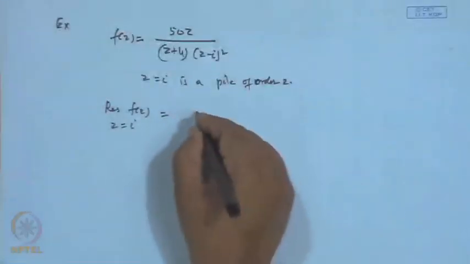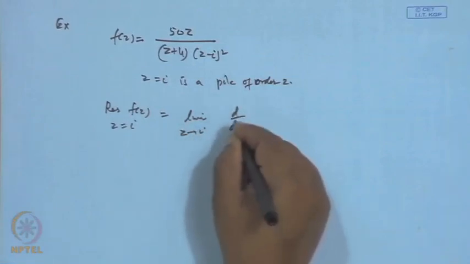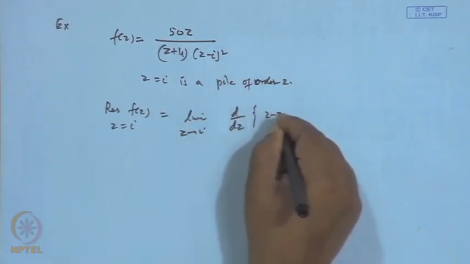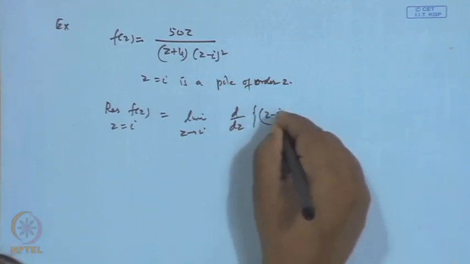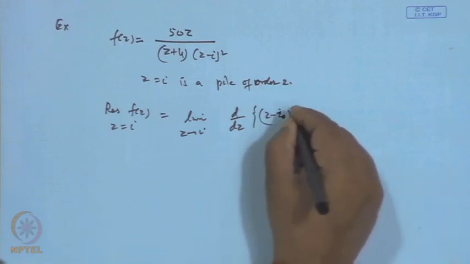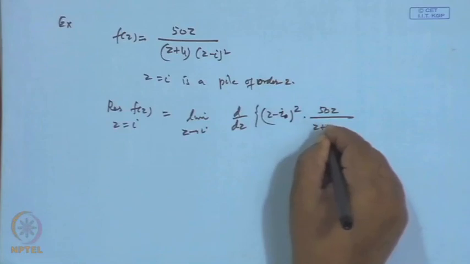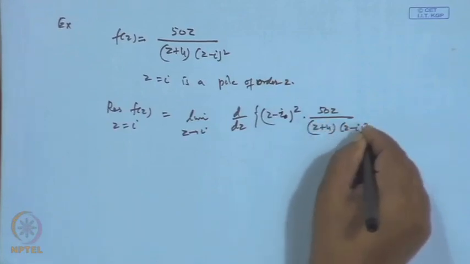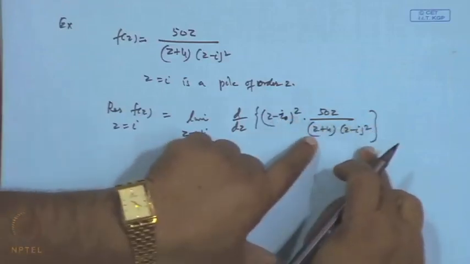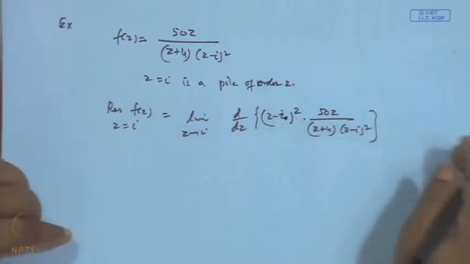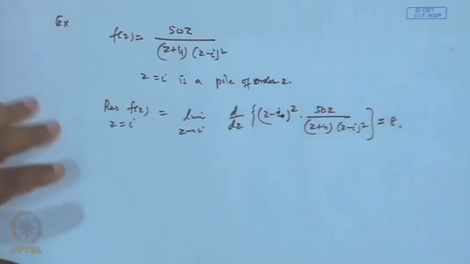So it is the limit as z tends to i of d by dz of (z minus i) square times f(z), which is 50z over (z plus 4)(z minus i) whole square. First this will cancel and then differentiate it. After differentiating and substituting the value, you will get the answer. That way we can find it.